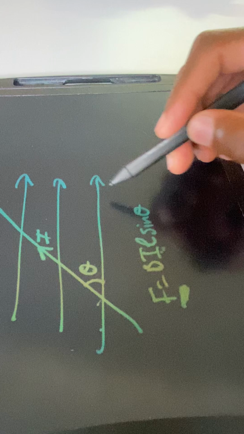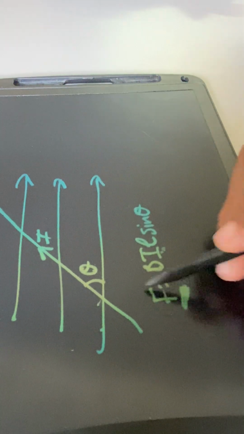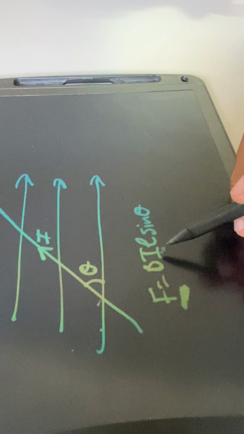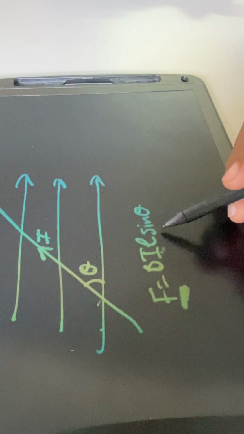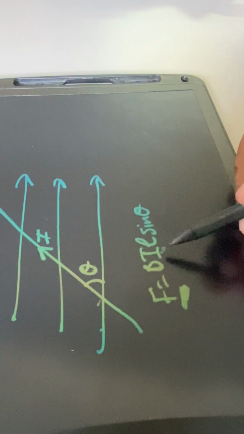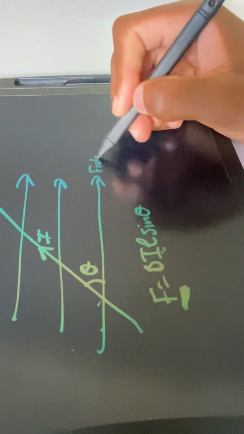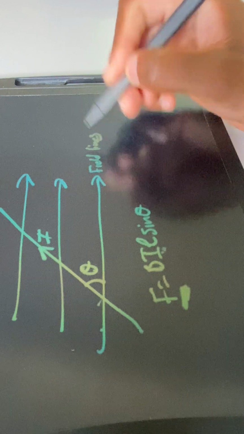That's very important. The charges within the wire must move perpendicular to the field lines. These are your magnetic field lines, right?